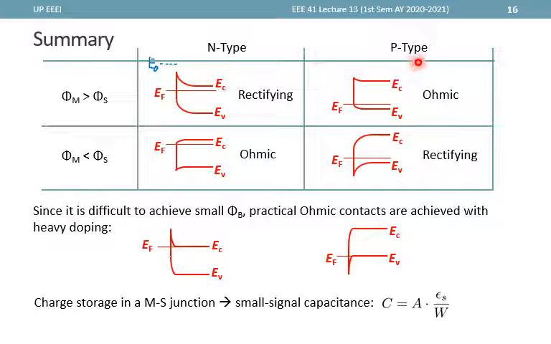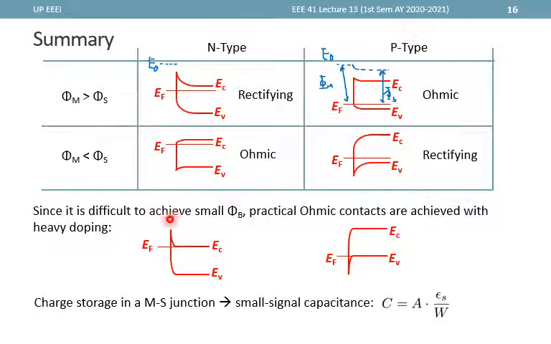For P-type semiconductors, when Vm is greater than Vs, we end up with an ohmic contact. But when Vm is less than Vs, we get a rectifying MS contact when using a p-type semiconductor.